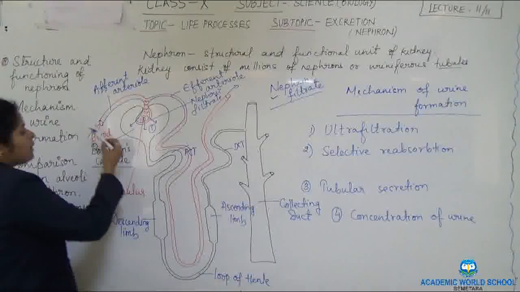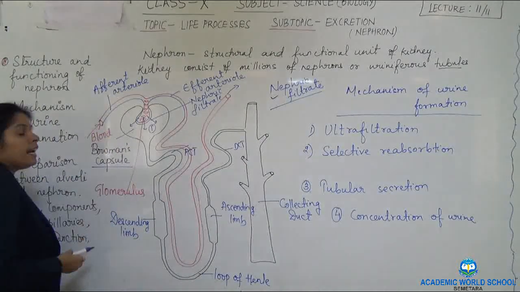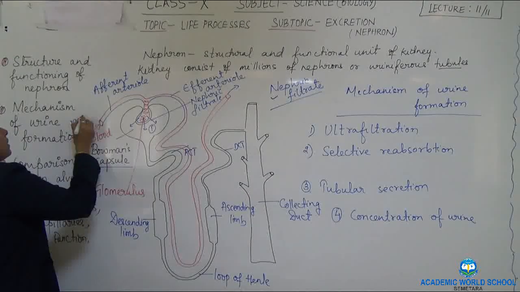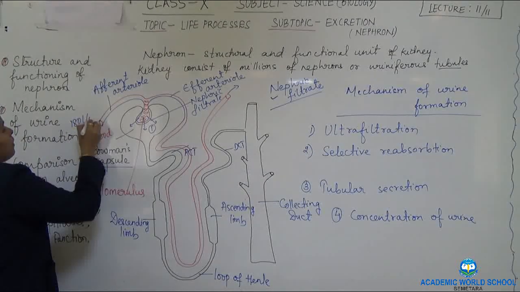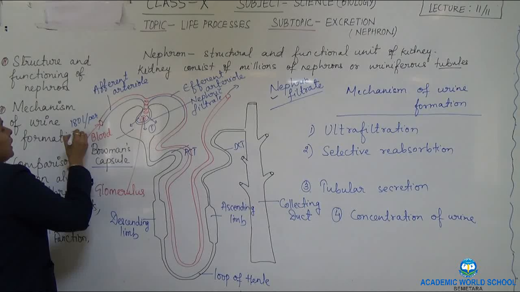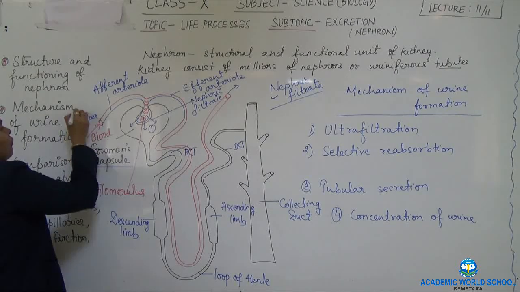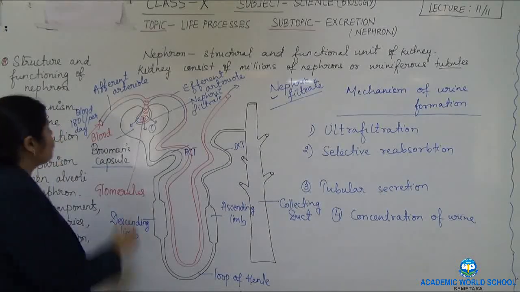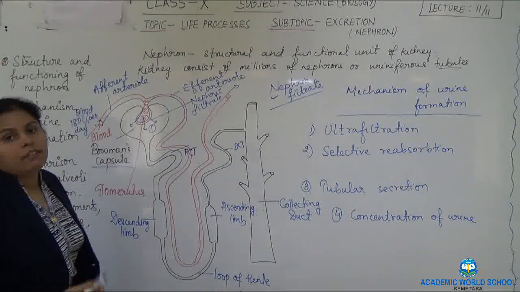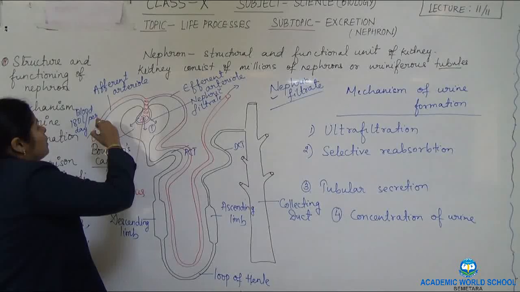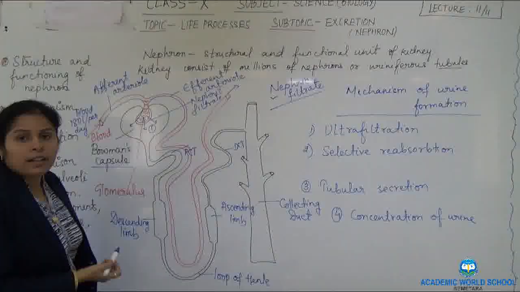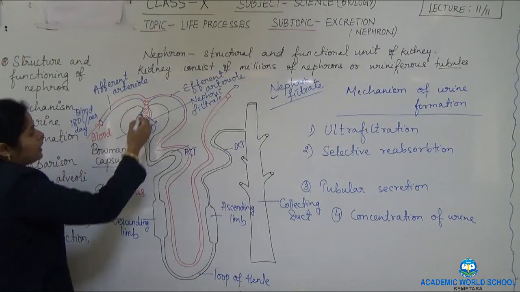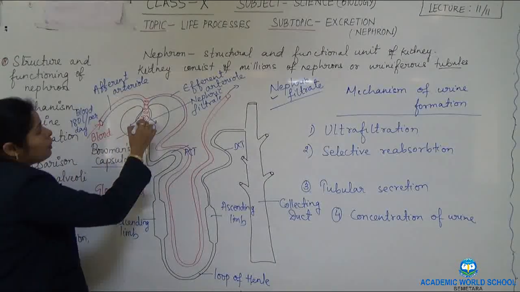So what will happen when the blood will enter here, and we estimate that per day 180 liters of blood enters into this Bowman's capsule. 180 liters per day of blood enters into this afferent arteriole, and this will enter into this concavity, which we call the glomerulus.